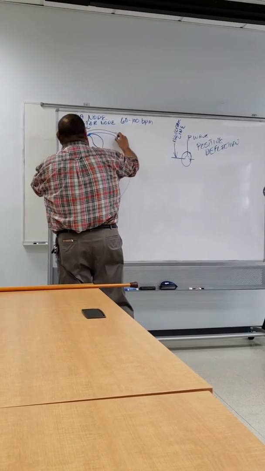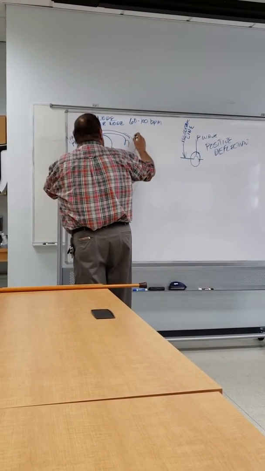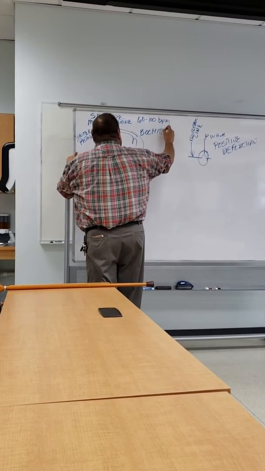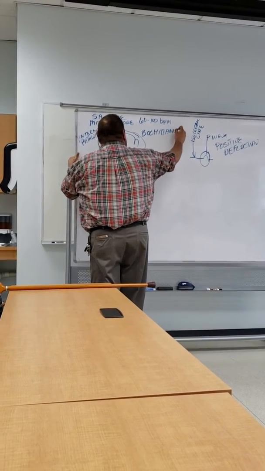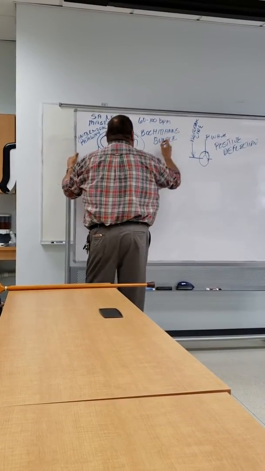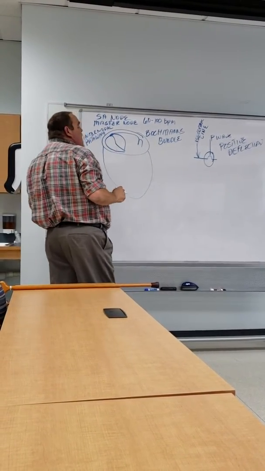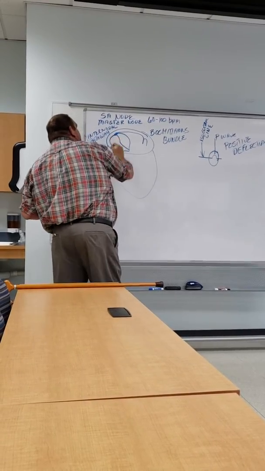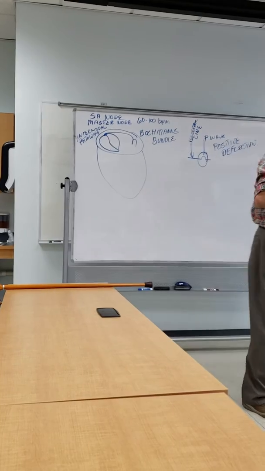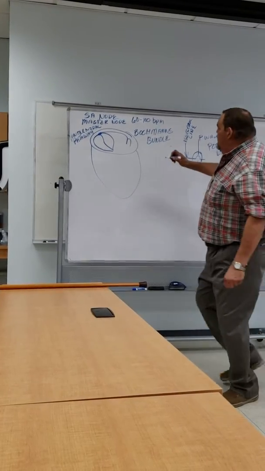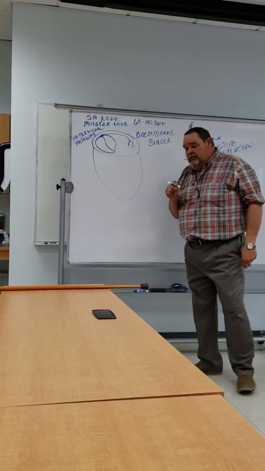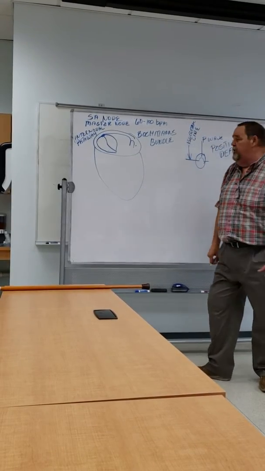And you've got one that comes over here that's called Bachmann's bundle. When this SA node fires and causes the right atrium to contract and force blood into the ventricles, this makes the left atrium contract and force the blood into the left ventricle.